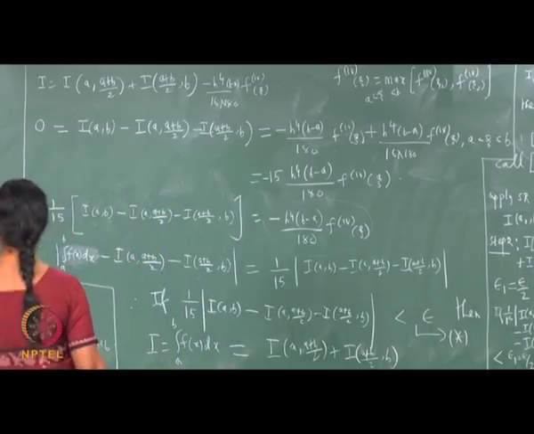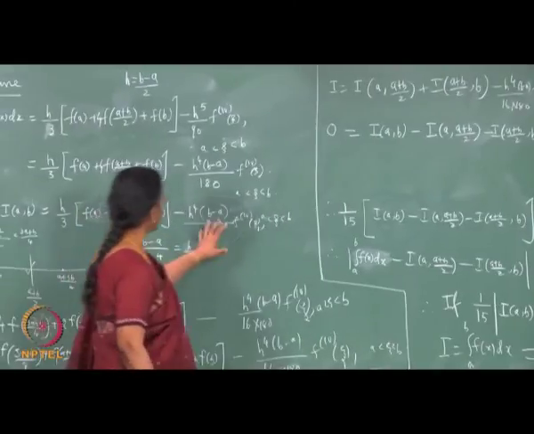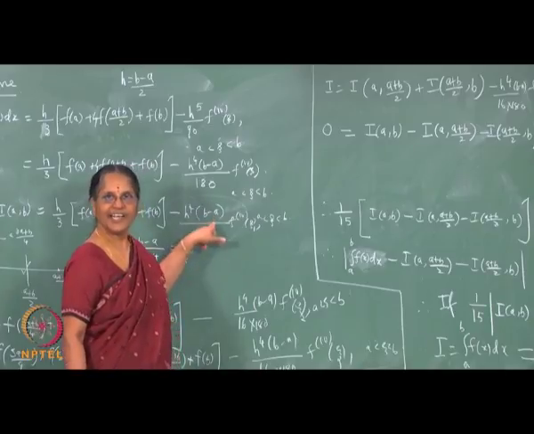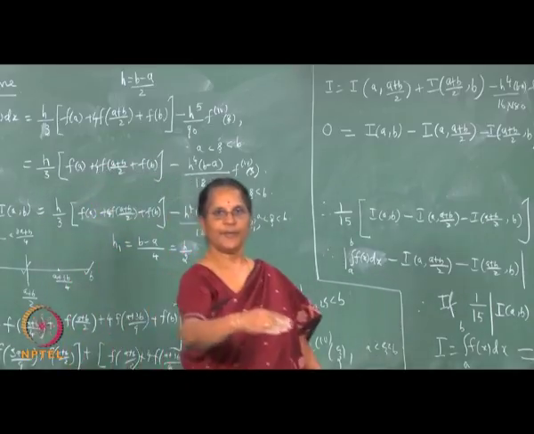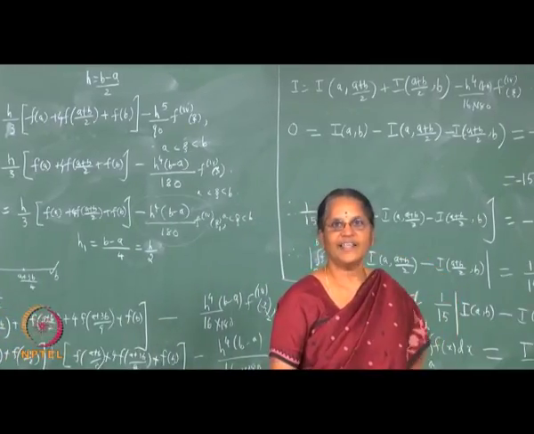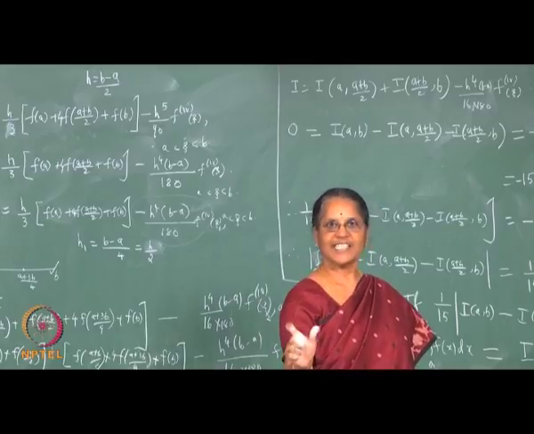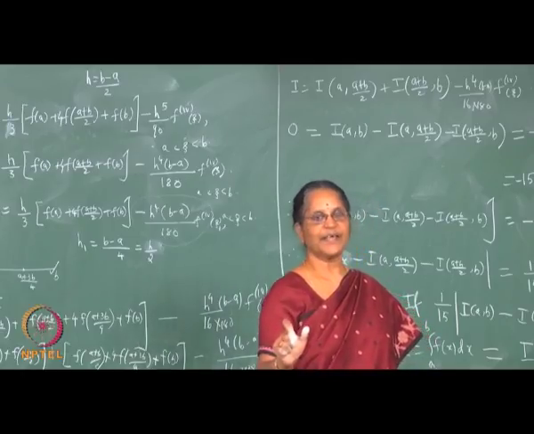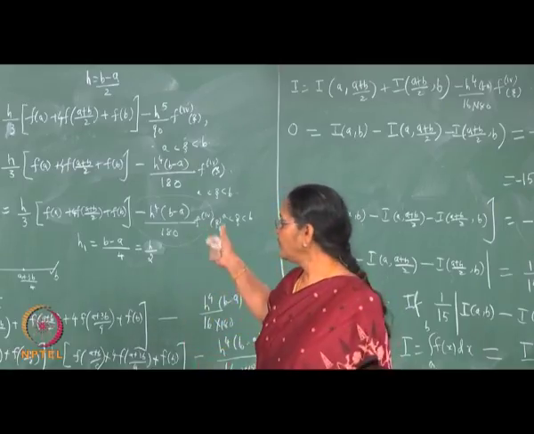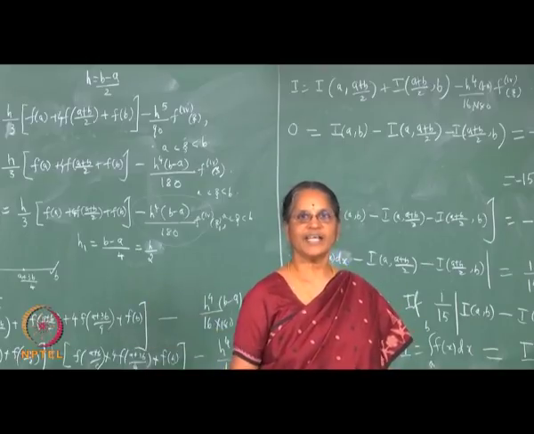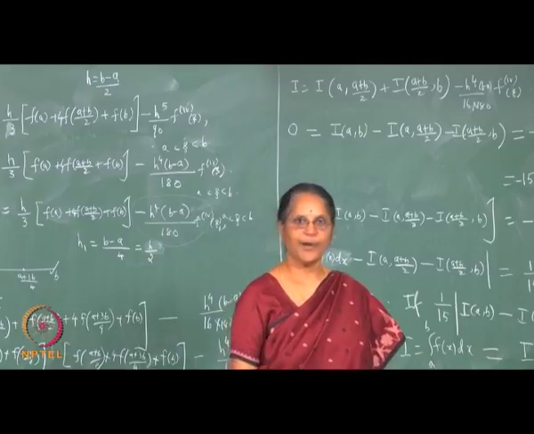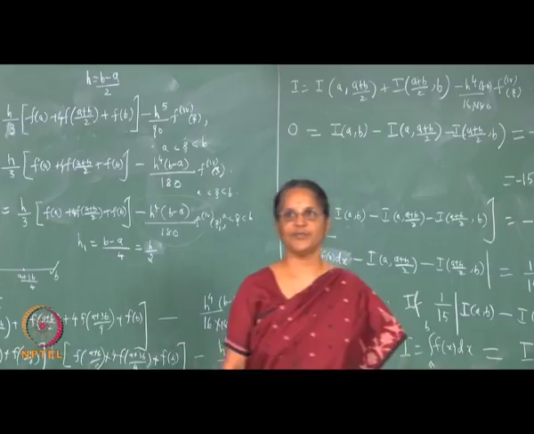Yes, we observe that the error that you commit every time is 1 by 15 of the error that you have here. So, every time when you perform these steps, the error gets reduced by 1 by 15, and therefore, at some stage after finite number of steps, your error will be less than the prescribed epsilon with which you had started, and you have an adaptive quadrature technique that takes care of the step size appropriately, and that is what is adaptive quadrature method.